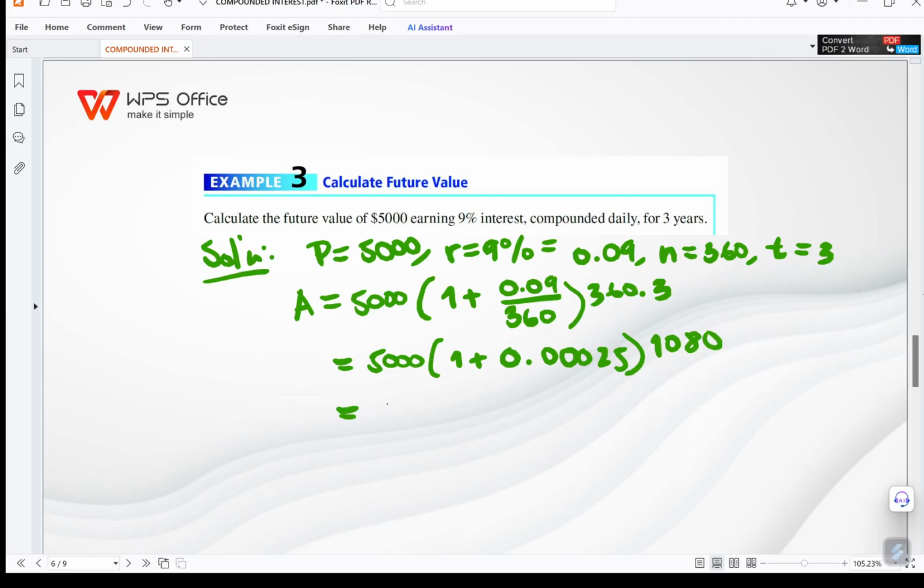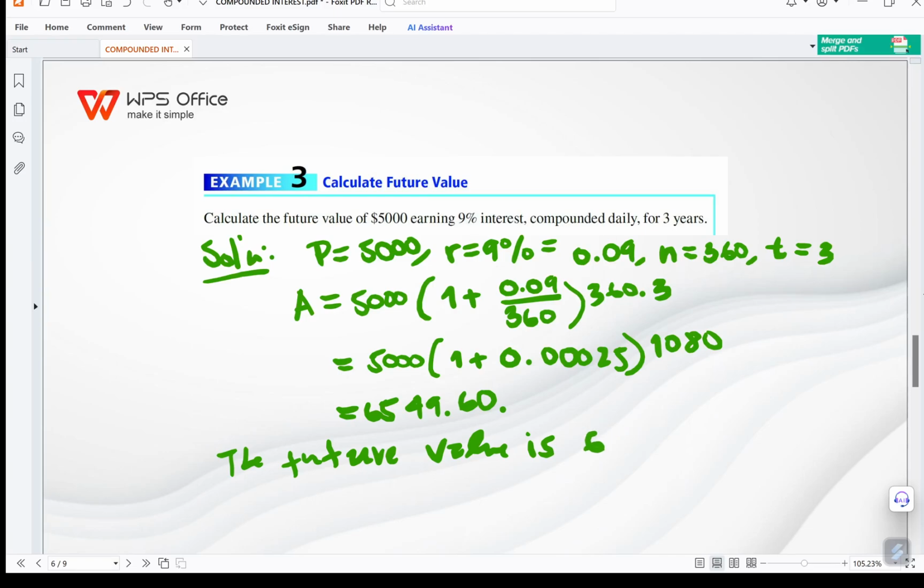After that, we will get 6,549.60. So the future value is $6,549.60. You just use the formula.